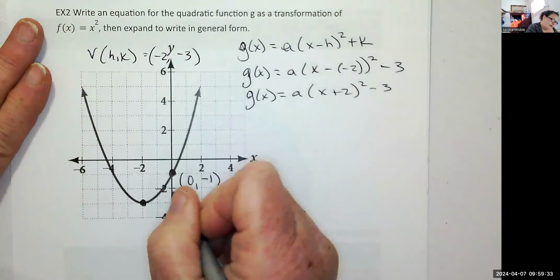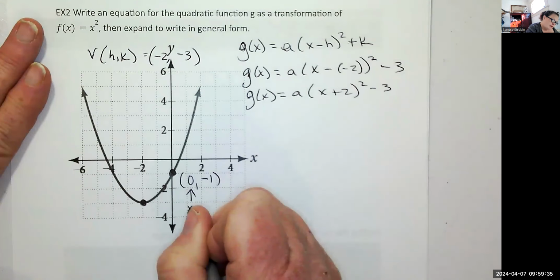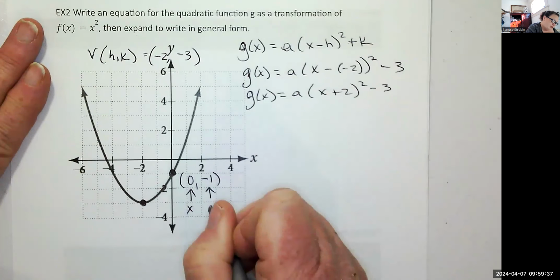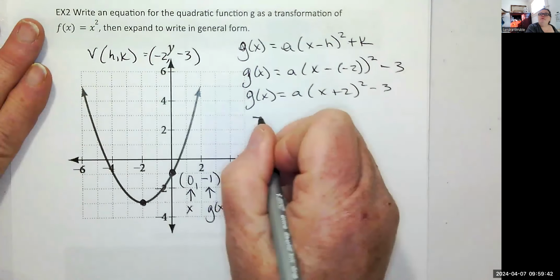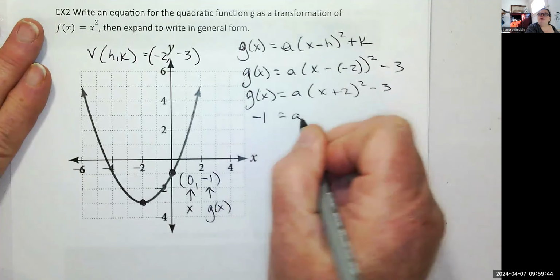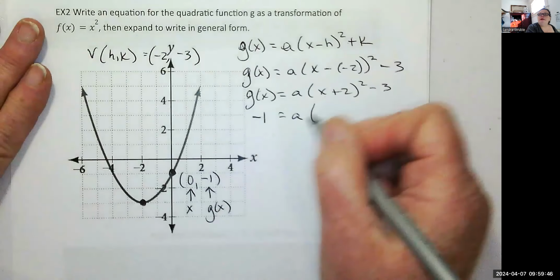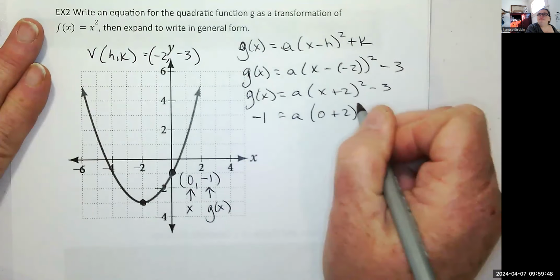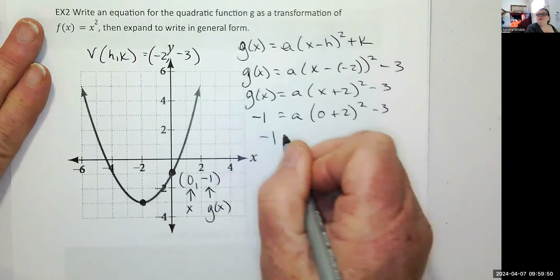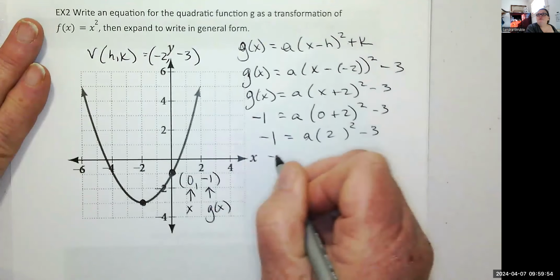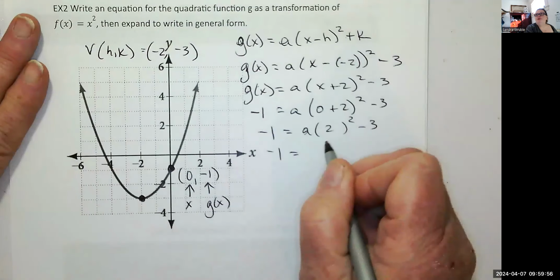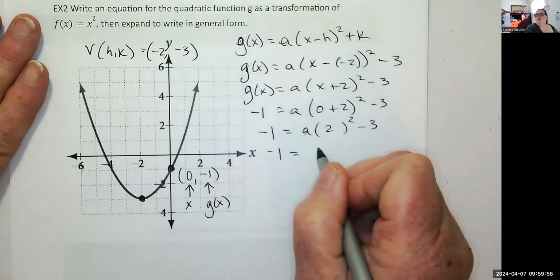And I'm going to plug this in, this is where my x is going to be, and this is going to be my g of x, which is also y. So -1 where g of x is, I'm looking for a, x is going to become 0. -1 is equal to a times 2 squared. Just doing each step, I don't want to lose you. 2 squared is 4.